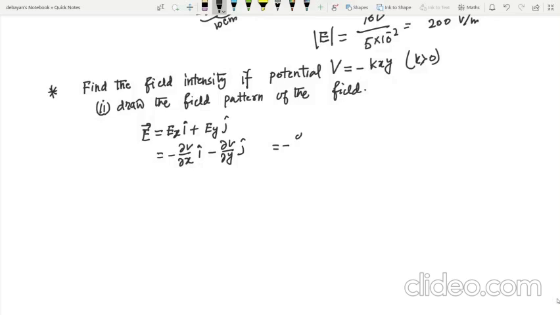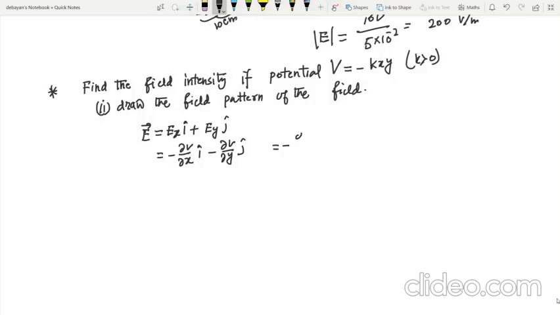So the equation is like that. So what we will get, value of x is nothing but ky and value of y is nothing but kx. So that is, you will get the first, that the field intensity is nothing but minus ky i cap plus kx j cap. Now what we have to find, draw the field pattern. You know Ex is this, Ey is this. So what should be the tan theta?